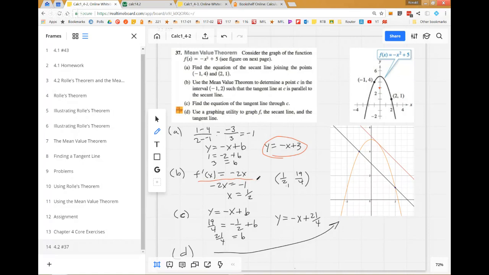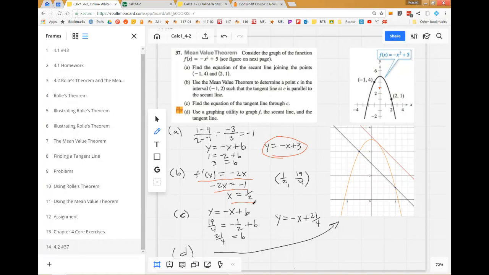Easy derivative, -2x. When will that be equal to -1? The answer is when x is 1/2. If you plug 1/2 into the original function, you can find the y-coordinate. Okay, that's the end of part B.